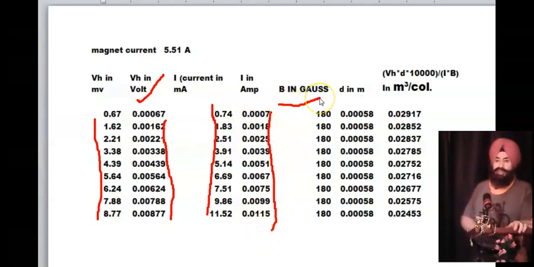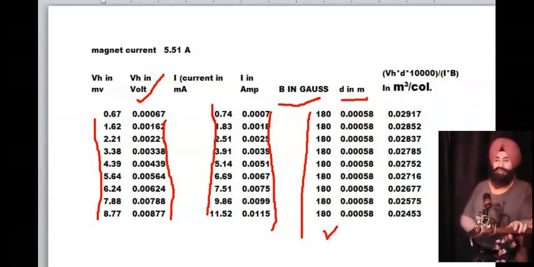The field was in kilogauss, and the field is constant because the current to the electromagnet was constant. How much is the field? 180 Gauss. And the thickness of the semiconductor sample in meter. So this is the value.